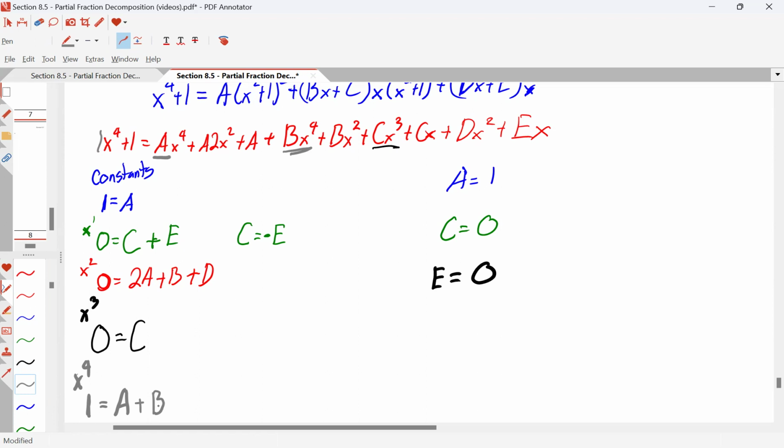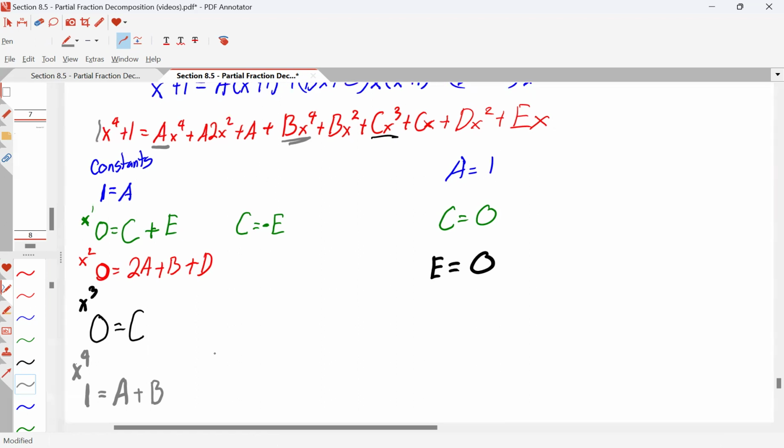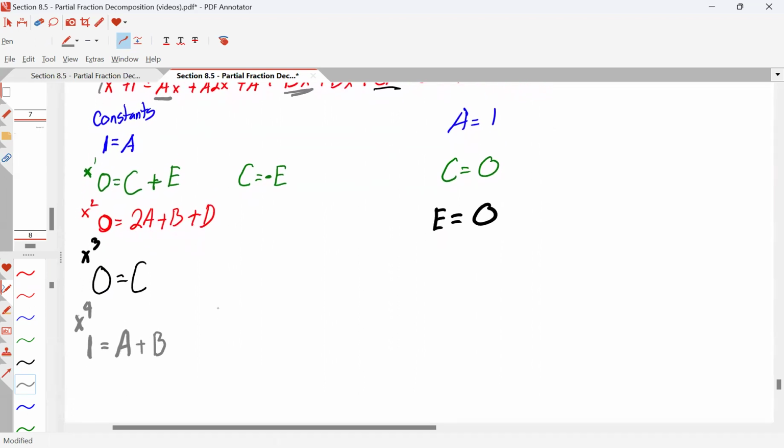And those are all of our x to the 4th terms. This means that 1 equals 1 plus b, because a is 1, means b equals 0. It's great for us.